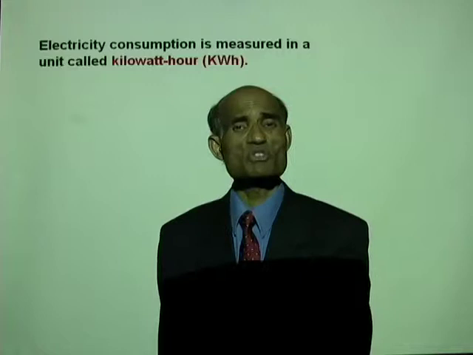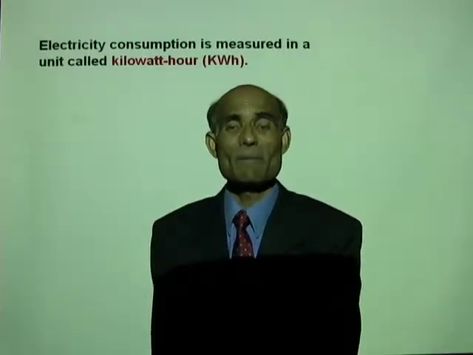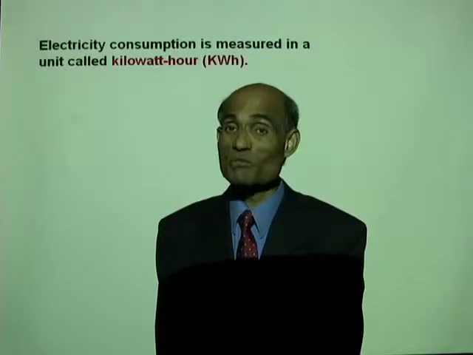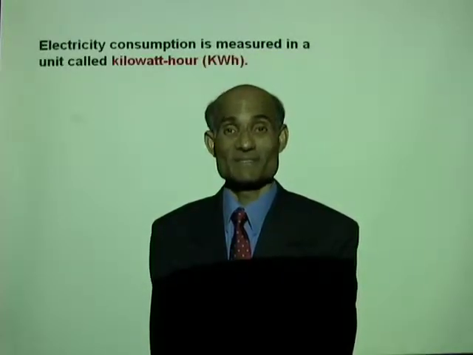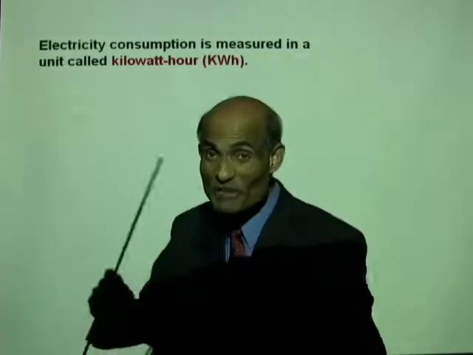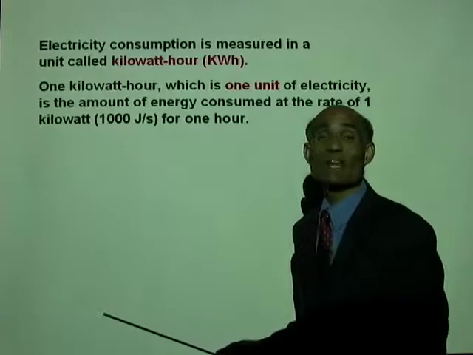Do you know how much you pay for 1 unit of electricity? Well, if you don't know, ask your parents. They might know. Well, okay, I'm going to leave it for you. Now, what is 1 kilowatt-hour?